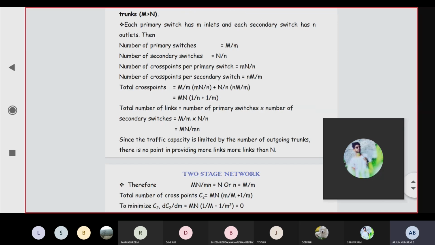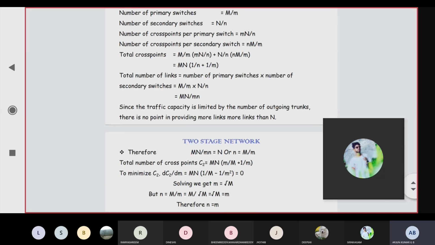Since the traffic capacity is limited by the number of outgoing trunks, there is no point in providing more links than N. Therefore, the total number of links will be considering N, because the number of incoming trunks will be more compared to the outgoing trunks.